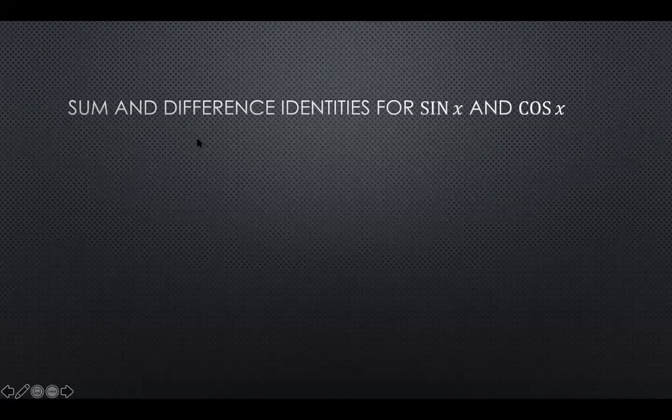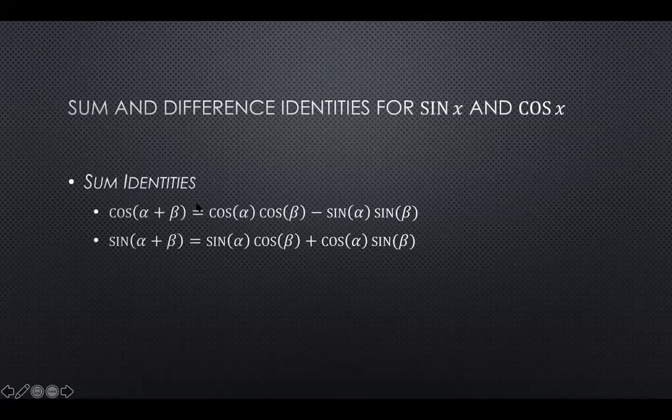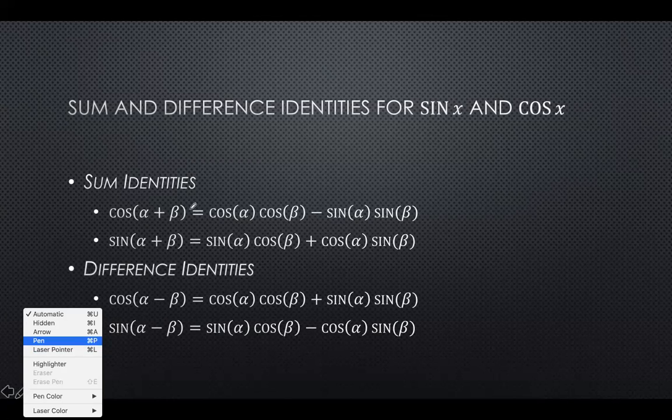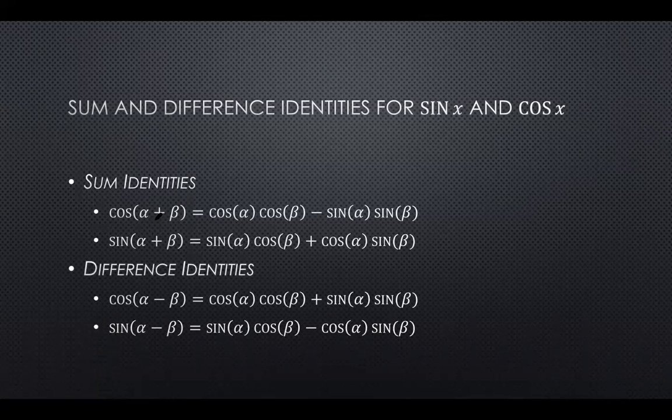We have sum and difference identities for sine and cosine. For sum identities, when you have the sum of the angles inside cosine, you can break it down into cosine and sine of the angles. For difference as well. One trick for memorizing these identities: for cosine, when you have the sum, it becomes difference.